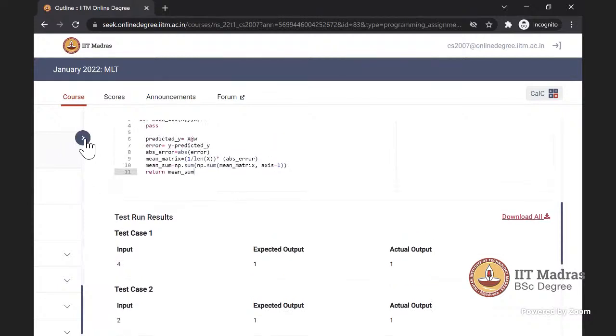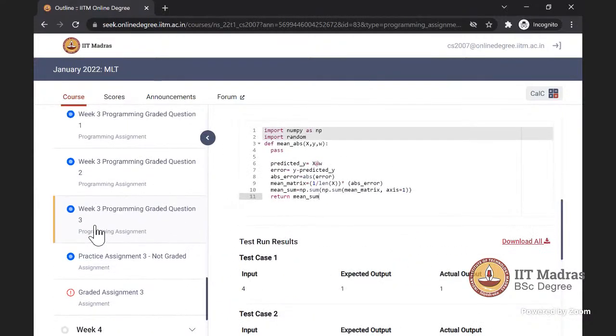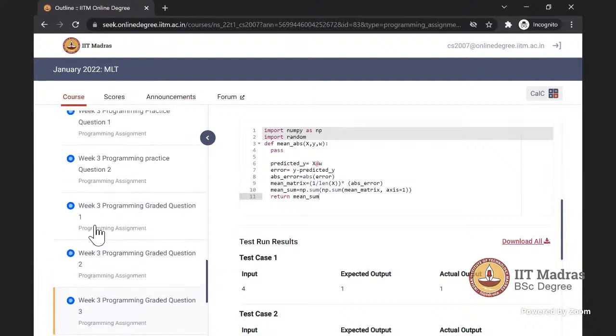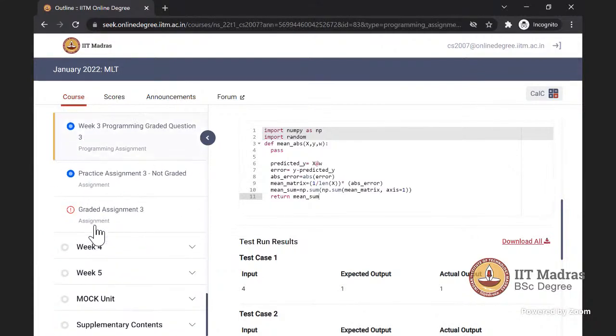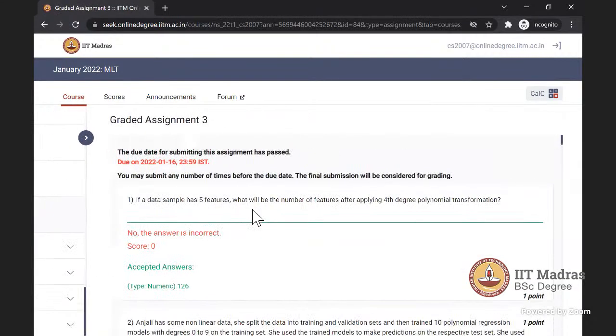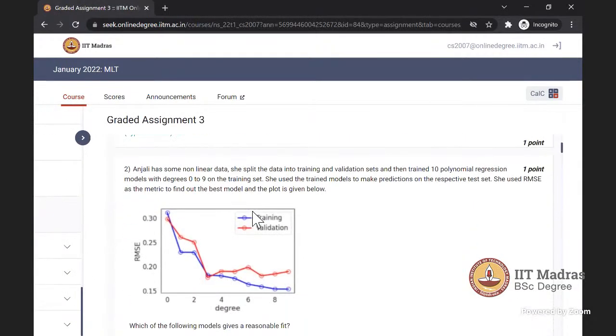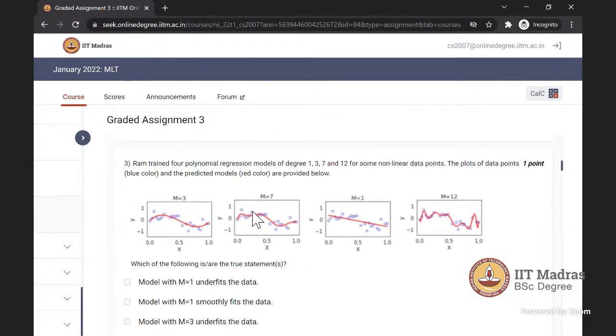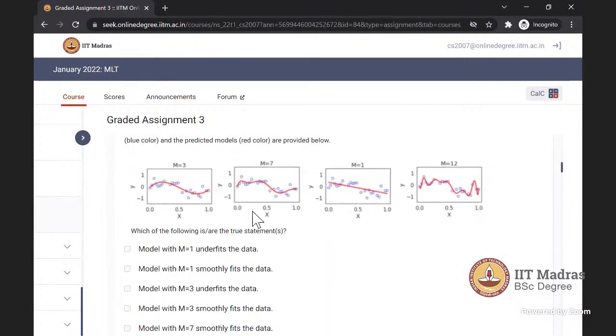This is the programming one, then the objective type. It is below that, the last one. Which question is that? This one, the third one? Yes.